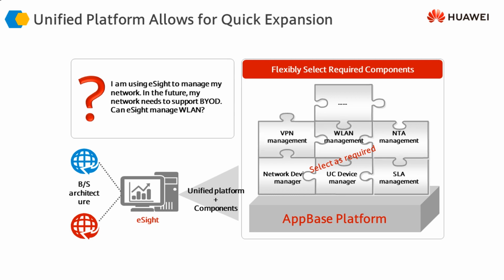If we have a VPN in our infrastructure, we can deploy the VPN module. If we have basic networks, routers and switches, we will obviously implement the network device manager. If we have a wireless LAN environment, we'll use this module. And if we have a unified communication implementation, then we can use the UC device manager module.